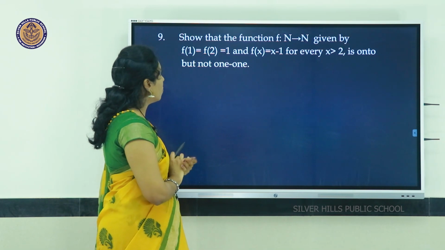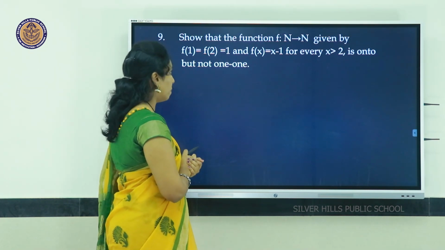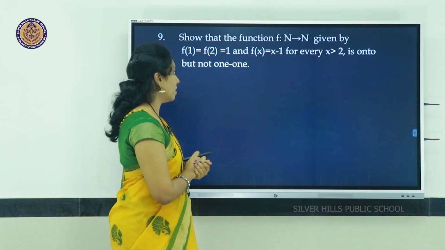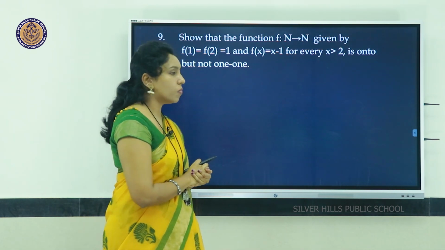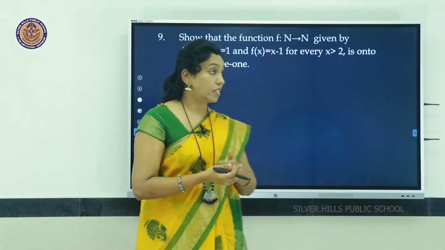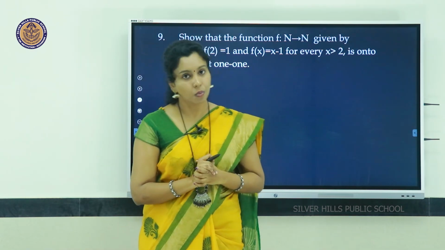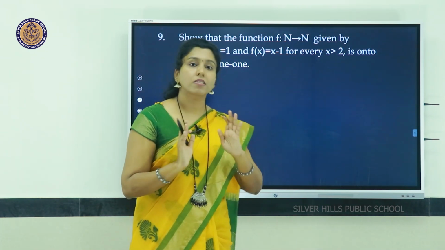Now, we have another one. Show that the function f from N to N given by f of 1 is equal to f of 2 is equal to 1 and f of x is equal to x minus 1 for every x greater than 2 is onto but not 1 1. So, we need to prove that it is onto but it is not 1 1.